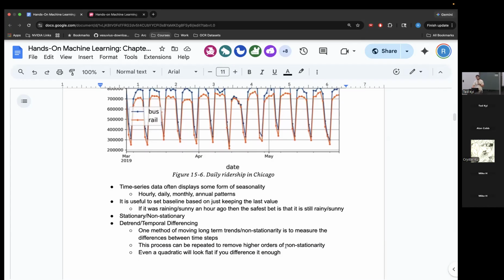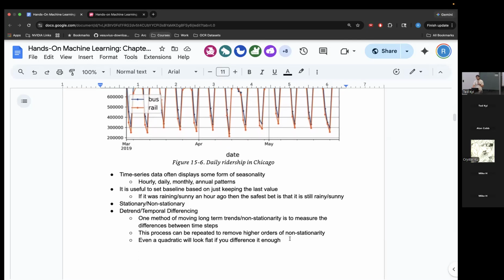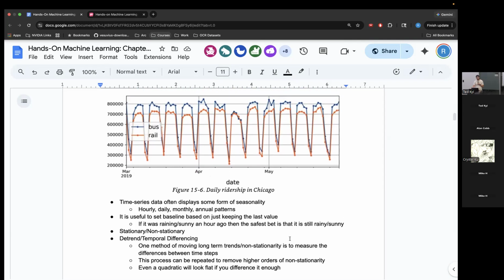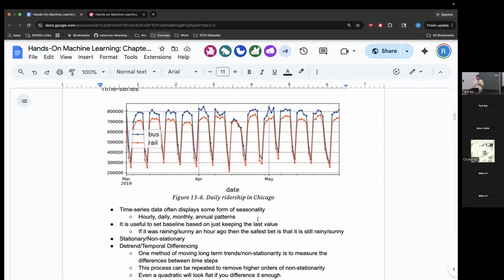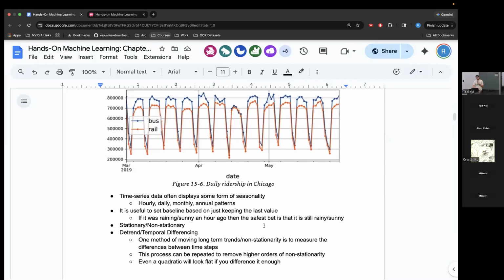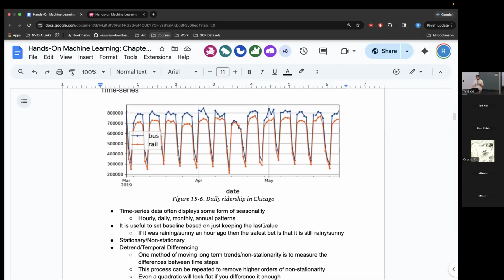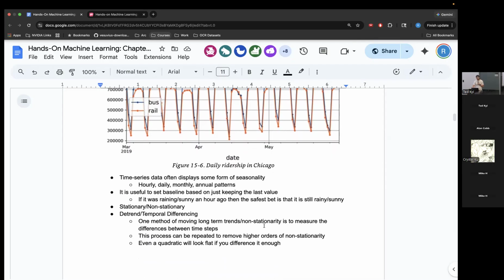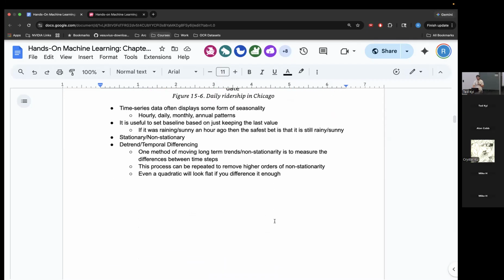And then the way that a lot of people handle that is this detrending or temporal differencing. Or what some people do is they find ways to capture these seasonal patterns. So you can also remove the seasonality of the trend with stuff like daily patterns, hourly patterns, stuff like that. So there's a lot of different models that have been built on top of these concepts.